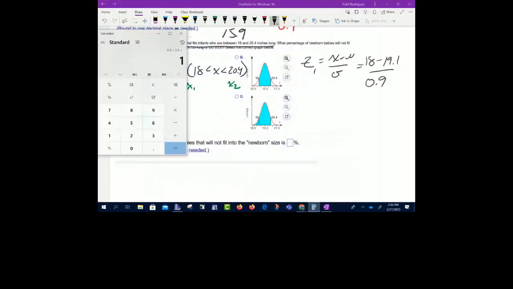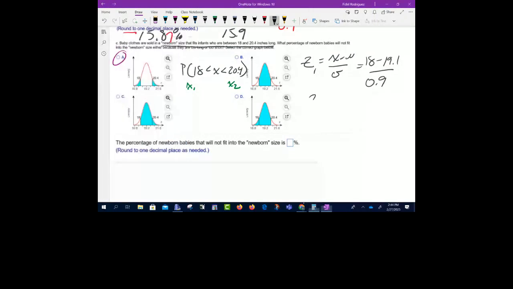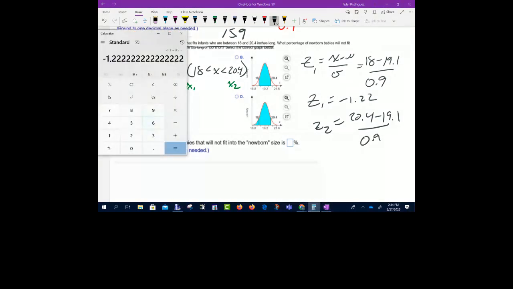Oops. Okay, let's come back here. 18 minus 19.1 divided by 0.9, negative 1.22, right? Okay. Our second Z-score should be 20.4 minus 19.1 divided by 0.9. Let's see.